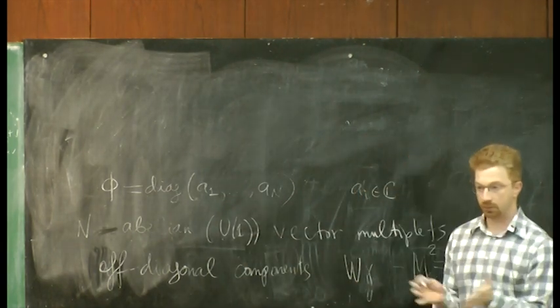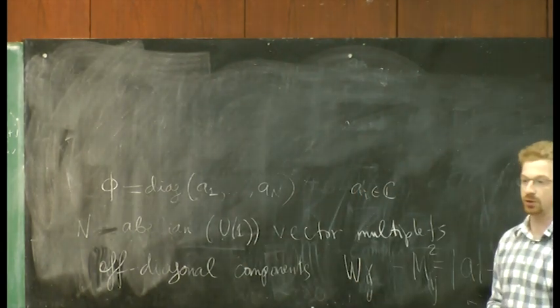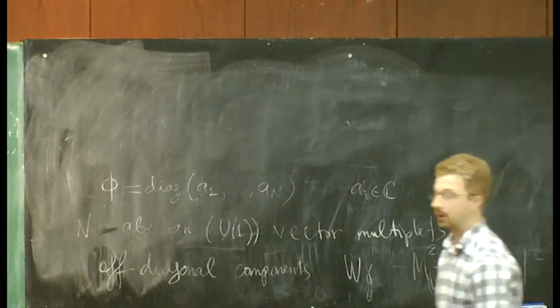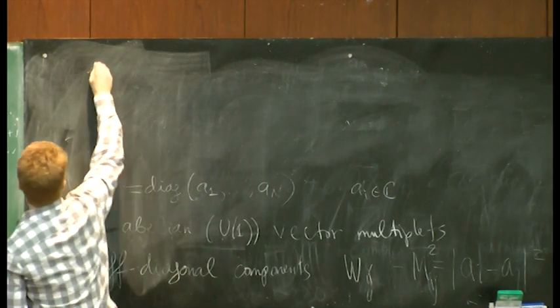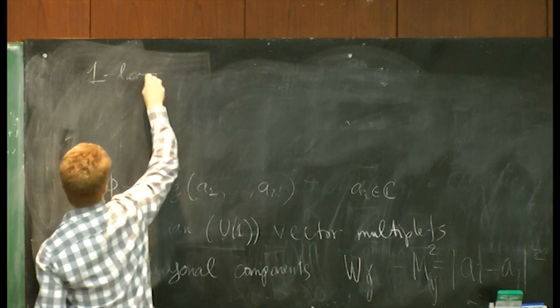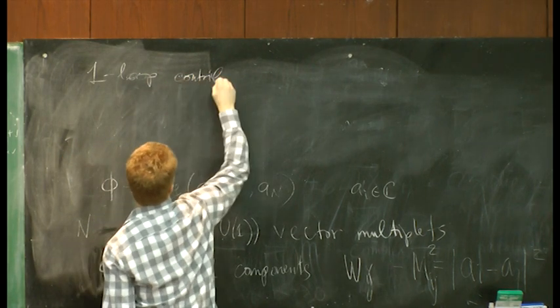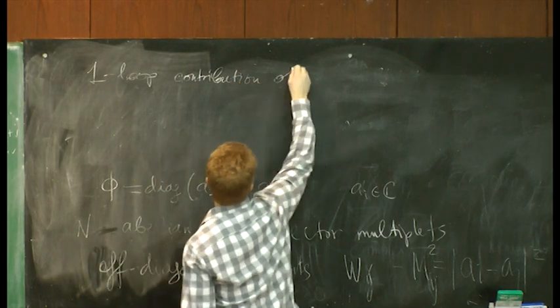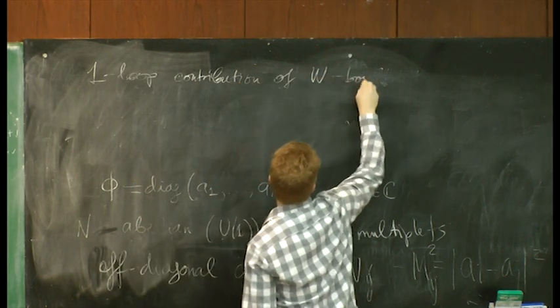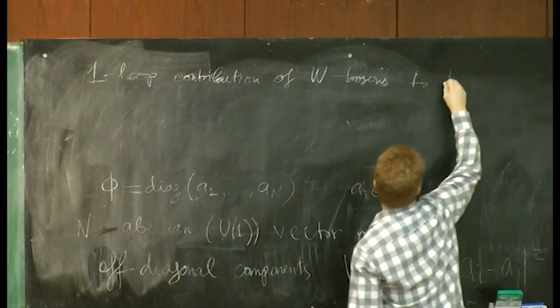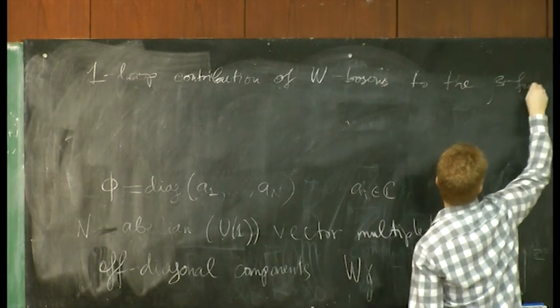The quanta you will see are those of W bosons as massive fields. So the first thing you can do is compute the one-loop contribution of W bosons to the beta function.